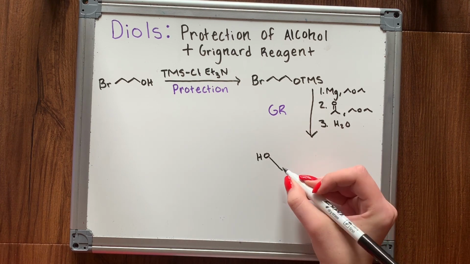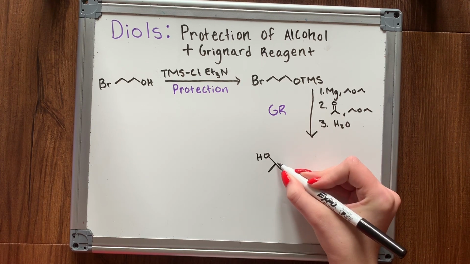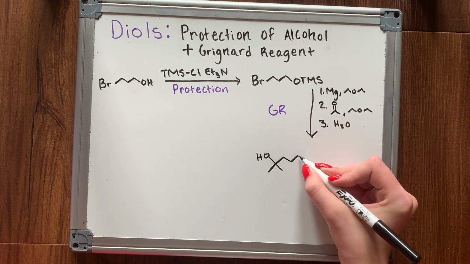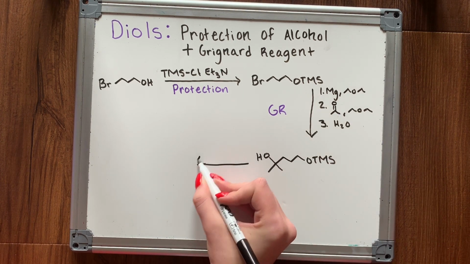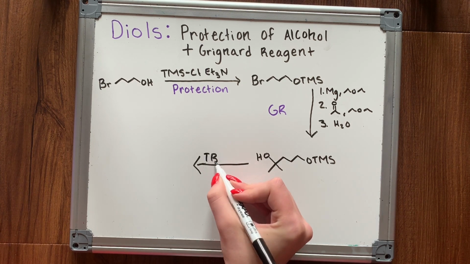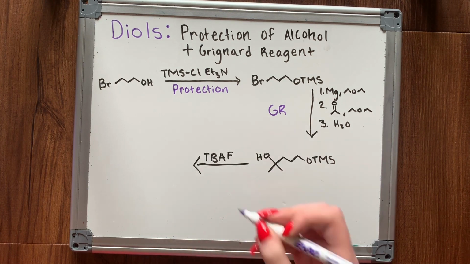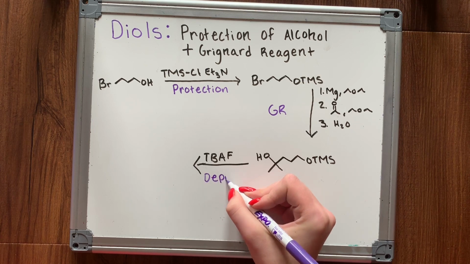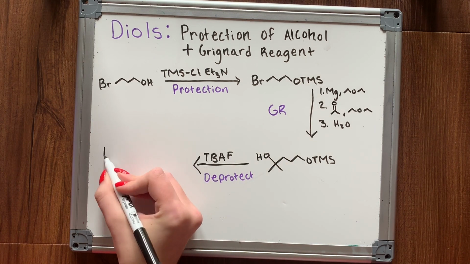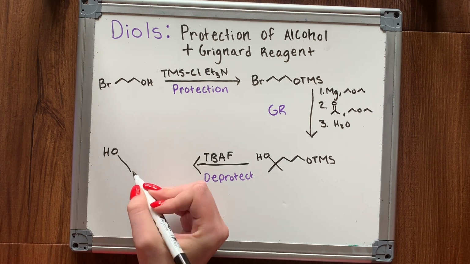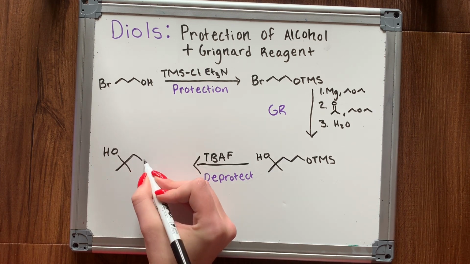And then we are going to get this funky looking thing. In the final step, we deprotect the alcohol. There are a few different methods of doing it, and I am just giving one example here. TBAF will pull off the TMS and you are left with a diol. So that is another way to create a diol when you already have an alcohol.